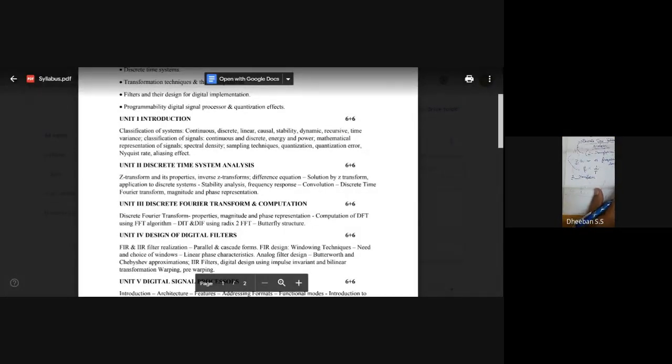In general, what you can write is: the Z transform is a generalization of frequency response.